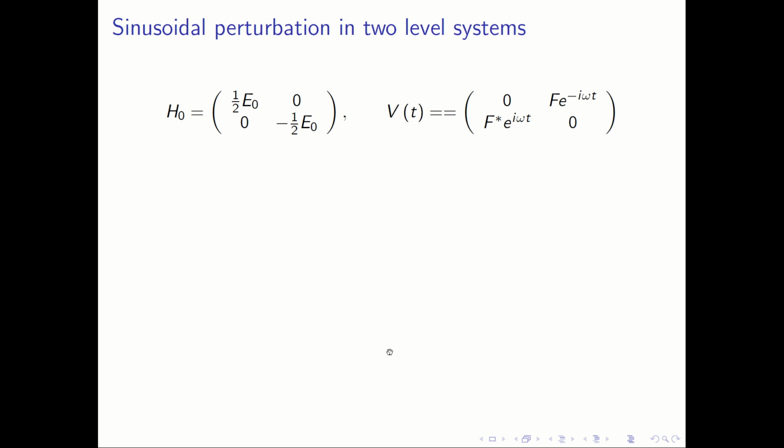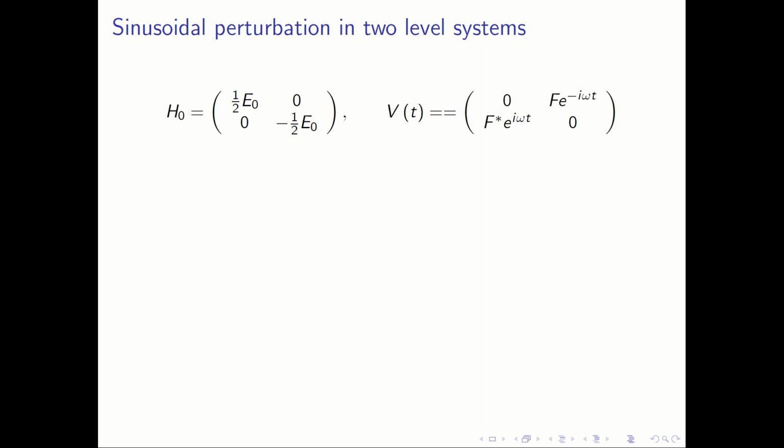So we have a two-level system where the energies of the two levels are separated by E0. By choosing the 0 of energy appropriately, H0, which is the Hamiltonian for the unperturbed system, essentially has two diagonal elements. Half E0, that's the upper state which we denote by plus, the ket plus has energy half E0, and the lower state, the ket minus, has energy minus half E0.